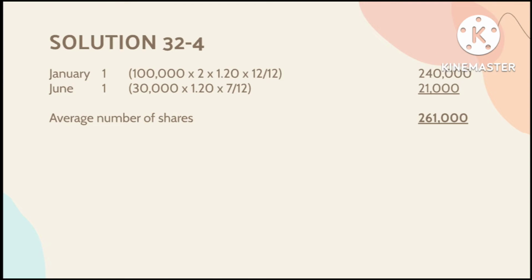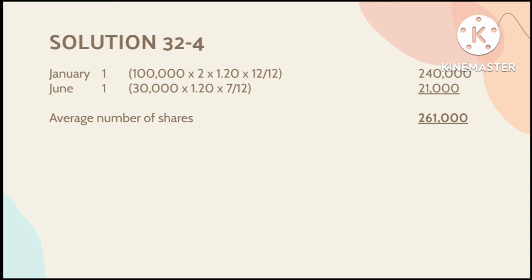On January 1, we have 100,000 outstanding ordinary shares times 2 because of the 2-for-1 share split, times 1.20, which is 120%, because we have an additional 20% share dividend, times 12 over 12, which is the range of its effectivity, which is equal to 240,000.